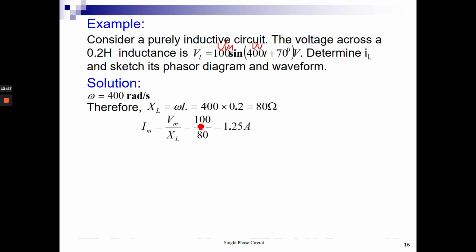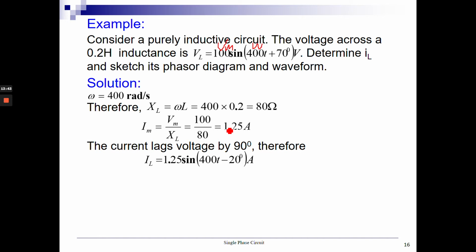Okay. And then using Ohm's law, Im equal to Vm over XL. So Vm is 100 divided by XL 80, you will get 1.25. Then the question asks you to determine IL.